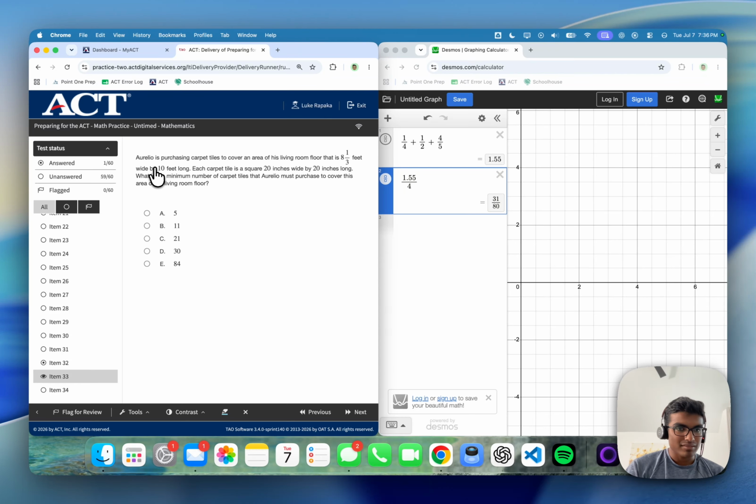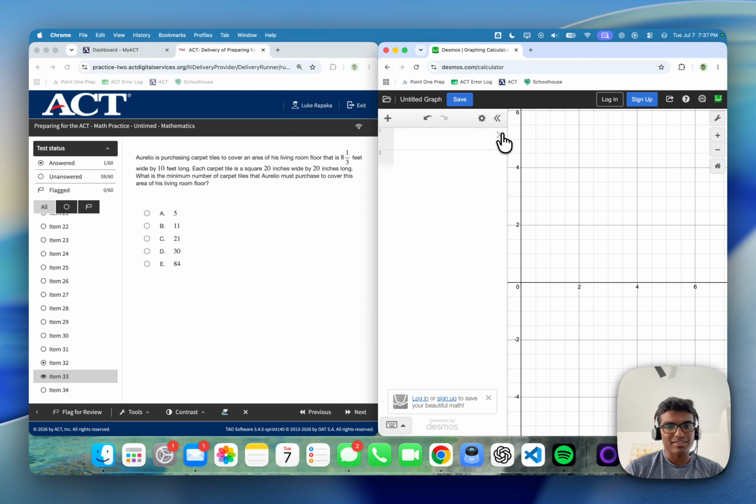All right. Aurelio is purchasing carpet tiles to cover an area of his living room that is 8 1/3 feet wide by 10 feet long. Essentially we have this area, 8 1/3 by 10 feet, and we're asked to fill it with 20 by 20 tiles.